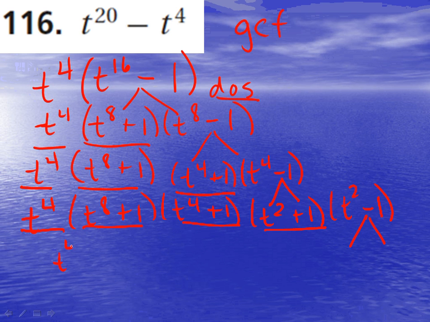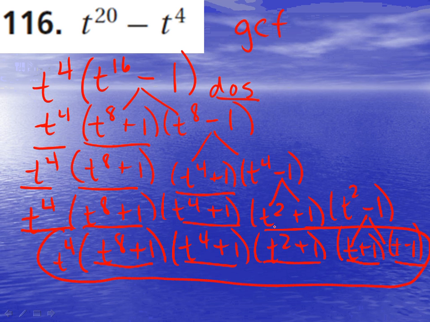So that leaves me with t to the fourth, t to the 8th plus 1, t to the fourth plus 1, t to the second plus 1, and then finally t plus 1 and t minus 1. Now, wasn't that fun? Again, these are even exponents, but they cannot go again because there's a plus sign. This one's finished, and this one is finished because the exponent is 1, and we cannot do any more. All right, that one's finally finished.